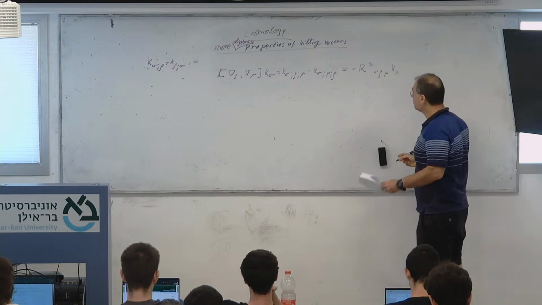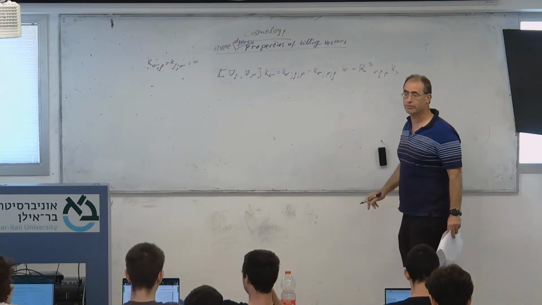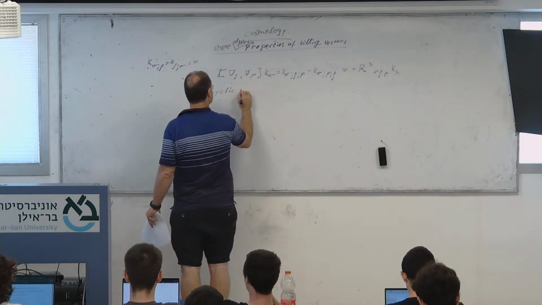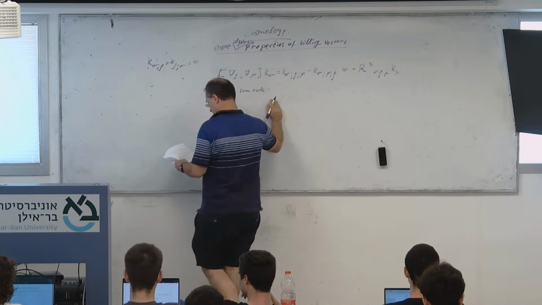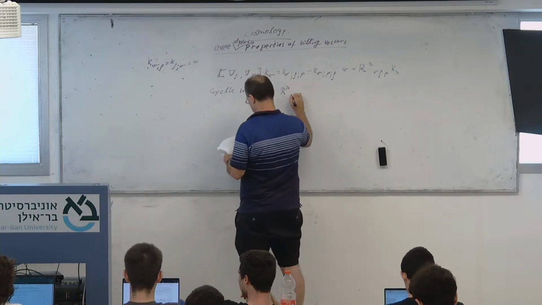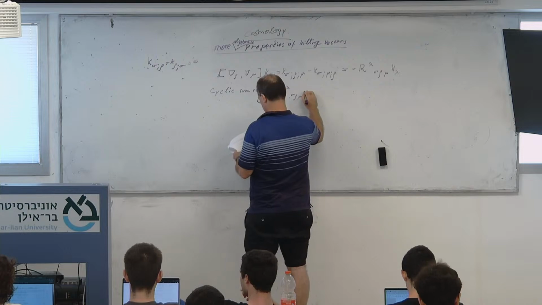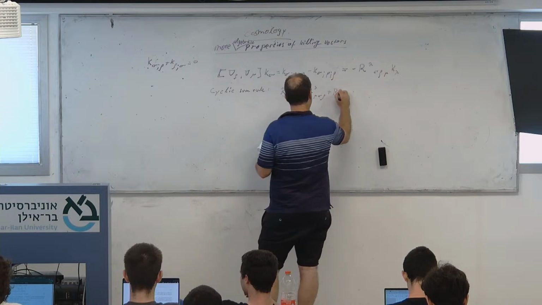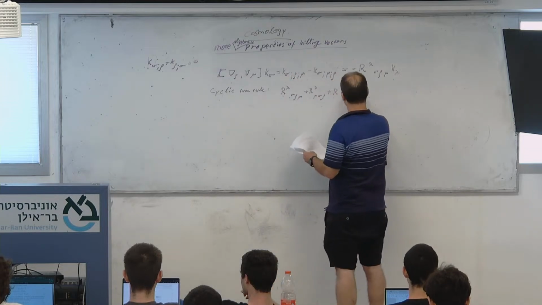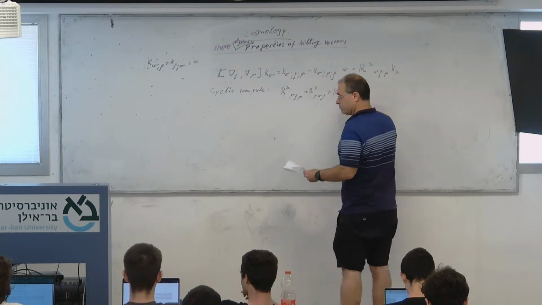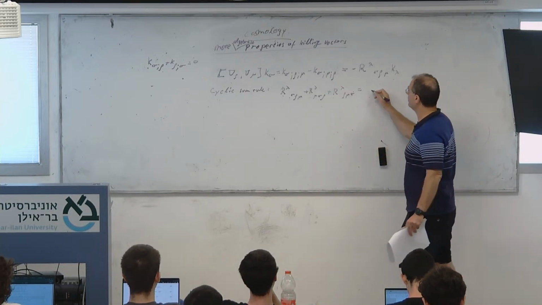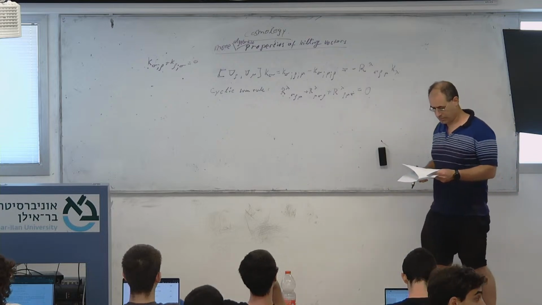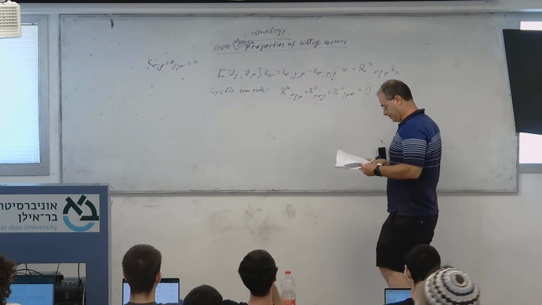Now we have the cyclic sum rule of the curvature tensor: R lambda sigma rho mu plus R lambda mu sigma rho plus R lambda rho mu sigma is equal to 0. We derived all these things.